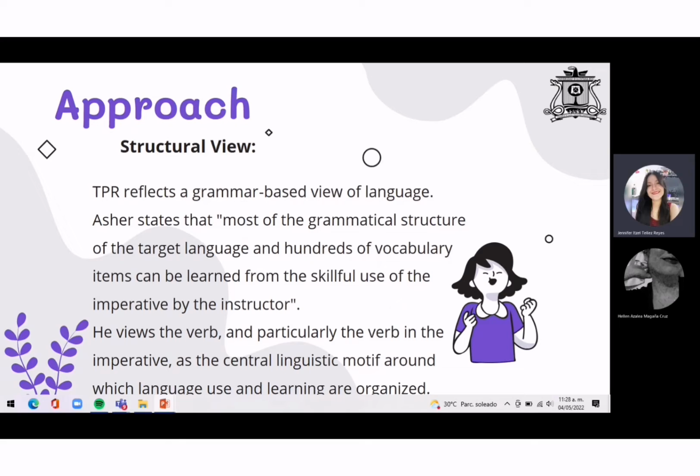He views the verb, and particularly the verb in the imperative, as the central linguistic motif around which language use and learning are organized. So basically, it uses a structural view and is based on grammar structure.